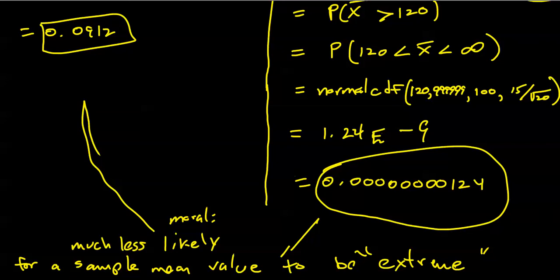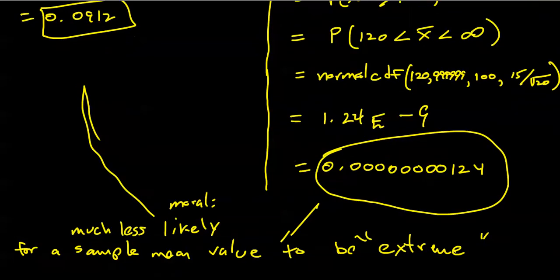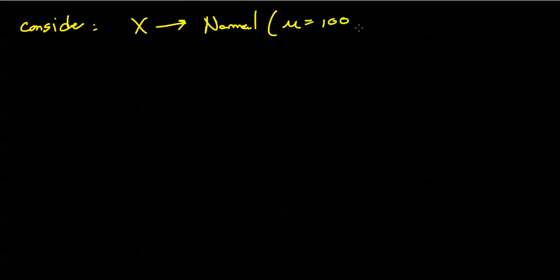Alright, let's jump to another example here. I might as well use the same motivating example, as good as any other. We'll still stick with the IQ scores here. Consider X a variable representing all IQ scores, and we know that distribution is normal with a mean of 100 and a standard deviation of 15.